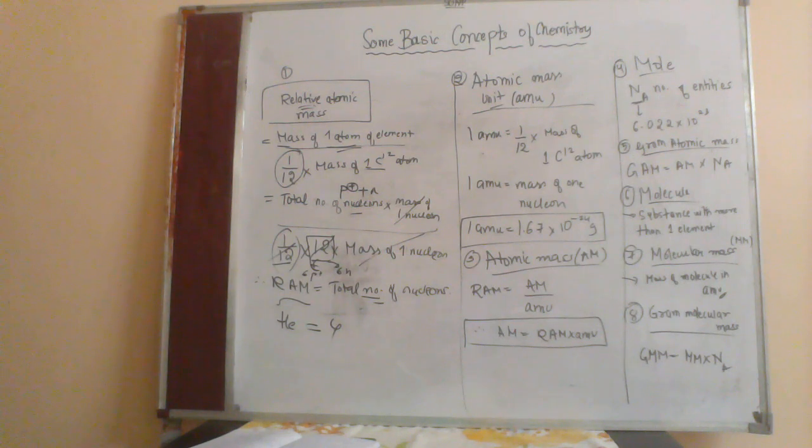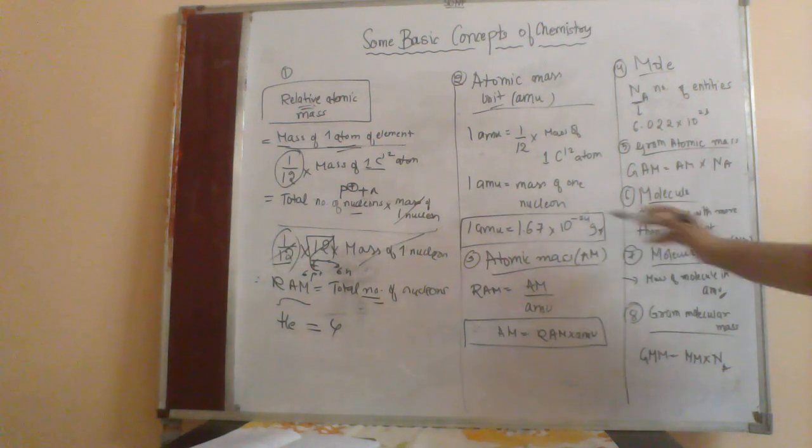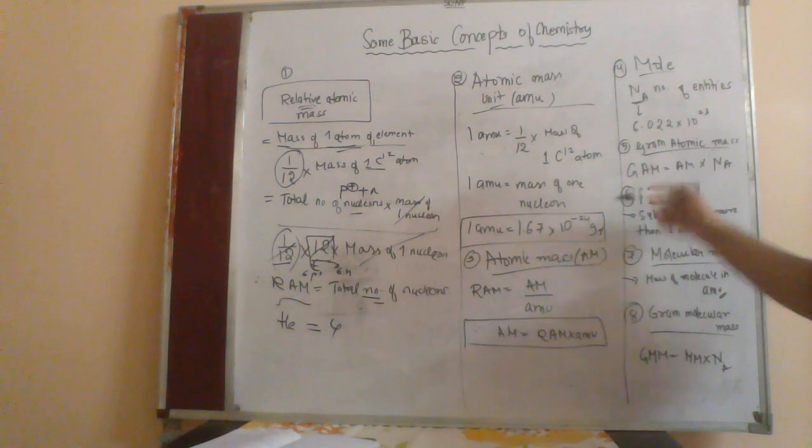So the mass of one nucleon is 1 AMU, that is atomic mass unit. So 1 atomic mass unit is equal to 1.67 into 10 to the power minus 24 grams. This is in grams. If I take it in kg, it would be 10 to the power minus 27 kg.